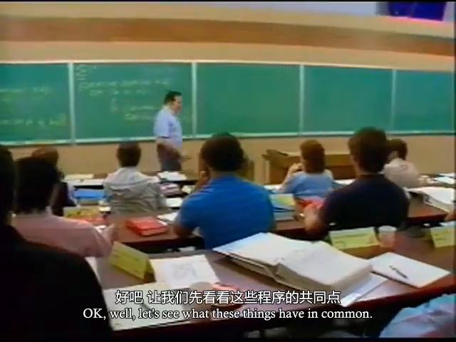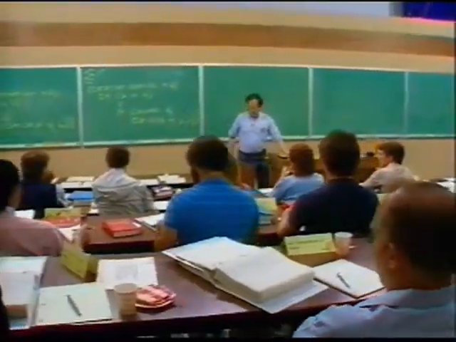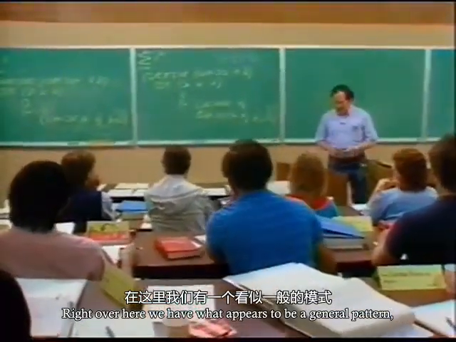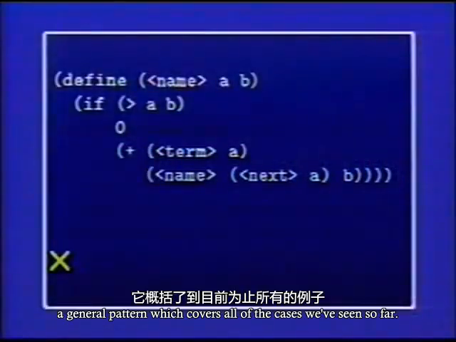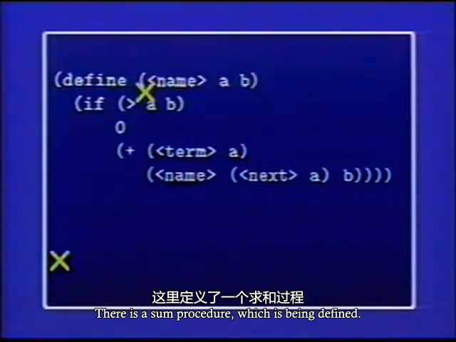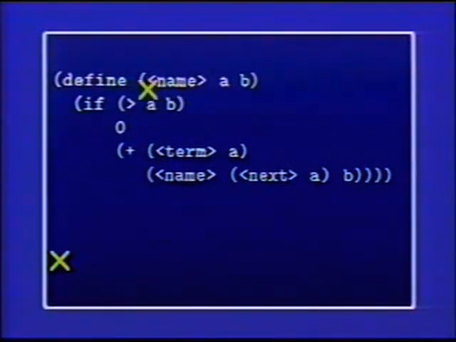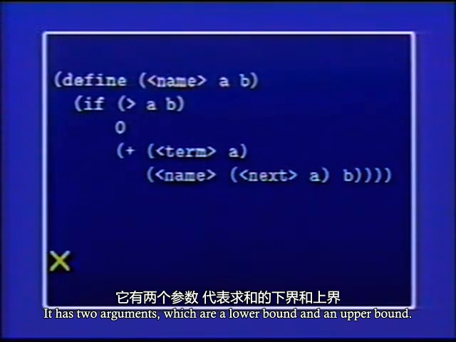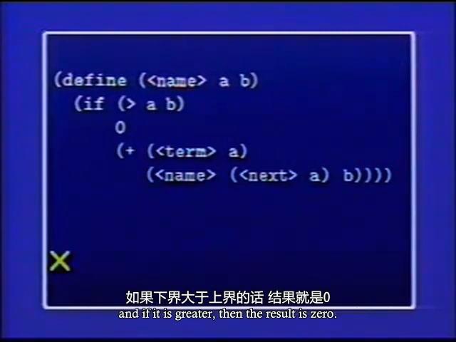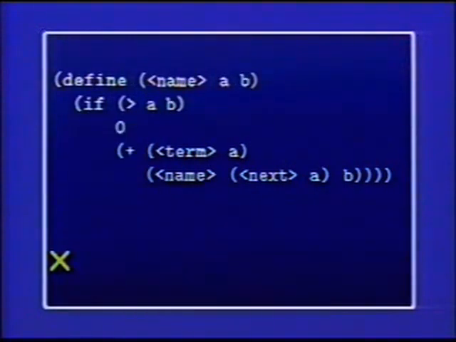Okay, well, let's see what these things have in common. Okay, right over here, we have what appears to be a general pattern, a general pattern which covers all of the cases we've seen so far. There is a sum procedure which is being defined. It has 2 arguments which are a lower bound and an upper bound. The lower bound is tested to be greater than the upper bound, and if it is greater, then the result is 0.